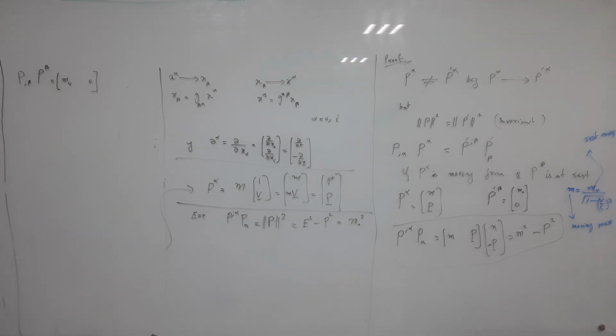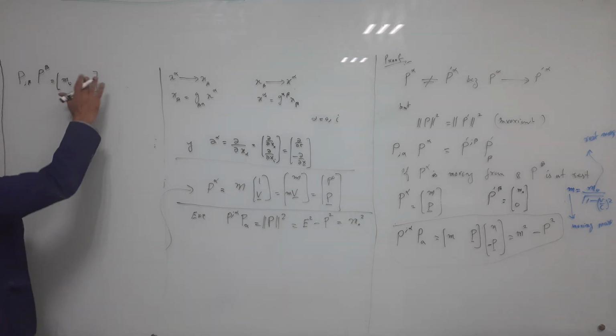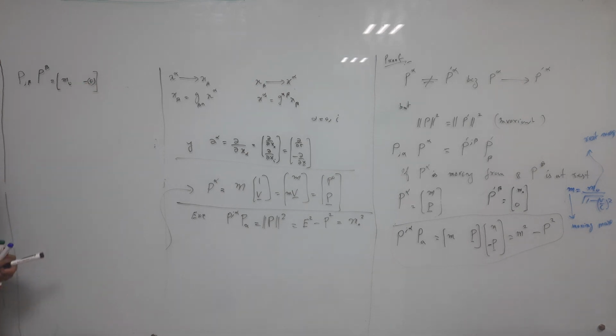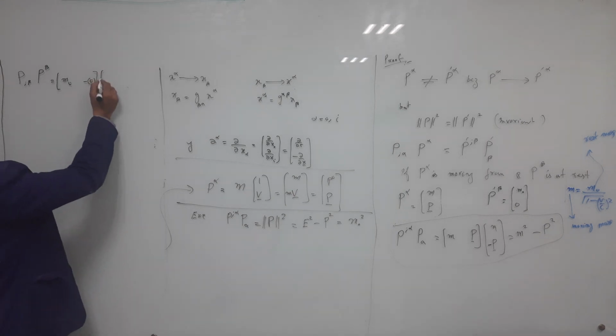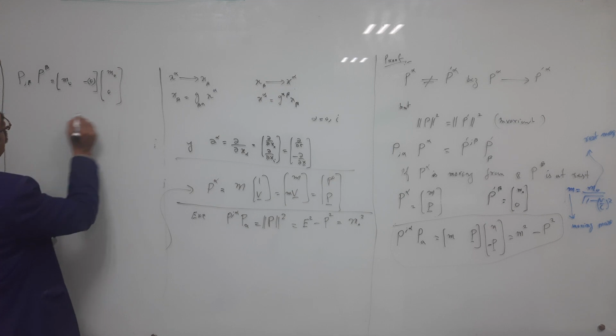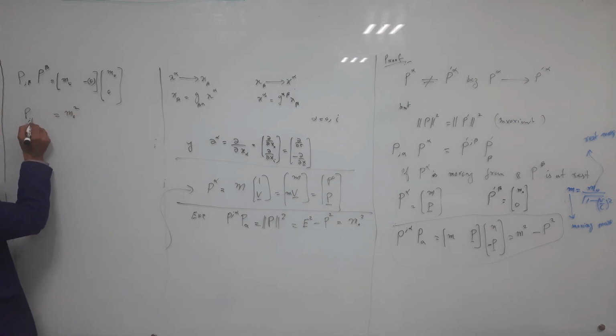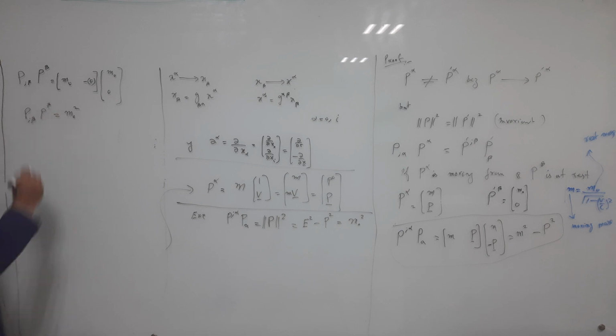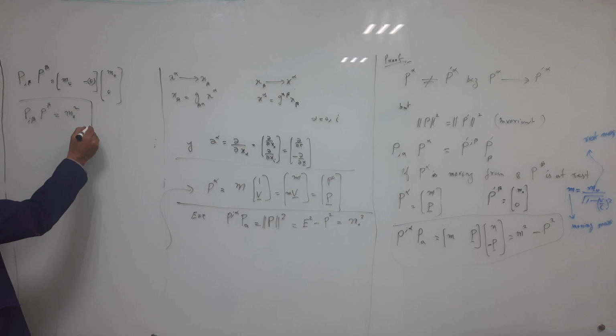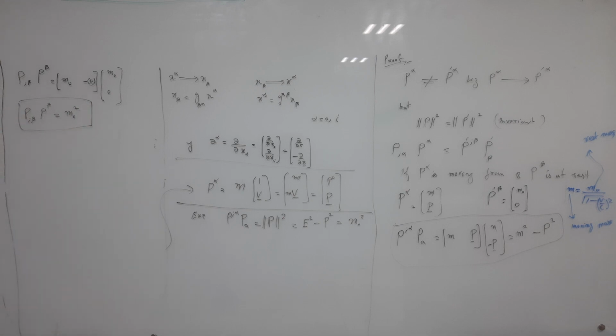Because when we multiply a 0 with minus, if you are confused with this, you may write in this way, because covariant will be a minus. M naught 0. That will be M naught scalar. And this will be equal to this.